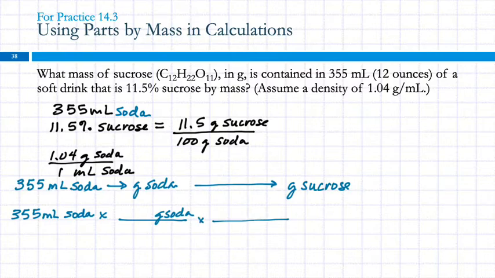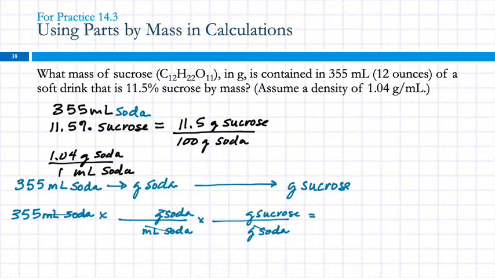Times a line, and this time I've got grams of sucrose. And that's my last one. So this unit, milliliters of soda, is going to be in the denominator here, so the units cancel out. And grams of soda goes down here, so the units cancel out.